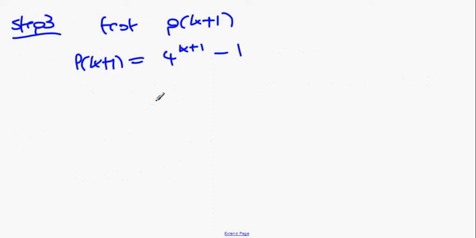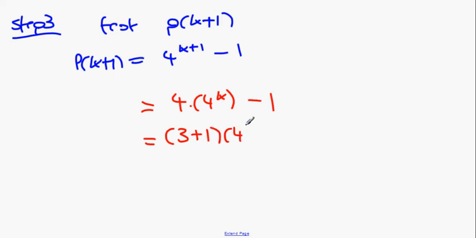So what I'm going to do is break this up, and I'm going to get 4 to the power 1 times 4 to the k, minus 1. Now I'm going to break this 4 up into 3 plus 1, times 4 to the k. It's always going to be plus 1, because what we've got to do here is separate it out.